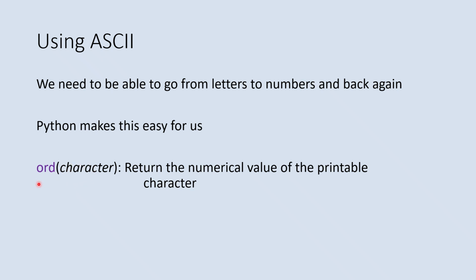And we say, what is the number that corresponds to that? If we say ord of capital A in quotes, what is the number that corresponds to the capital letter A, then we will get back 65. That is the number that corresponds to that letter. So that lets us go from character to the number.